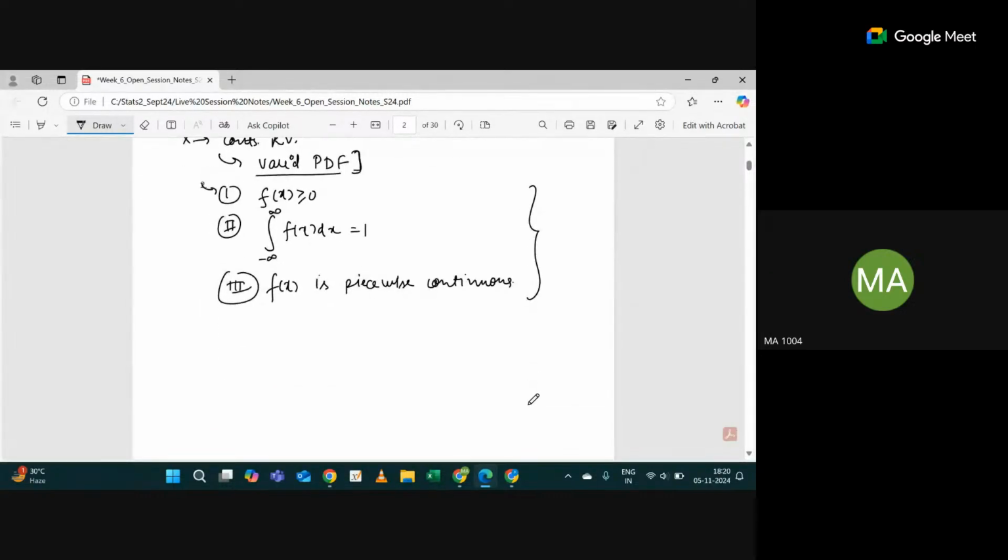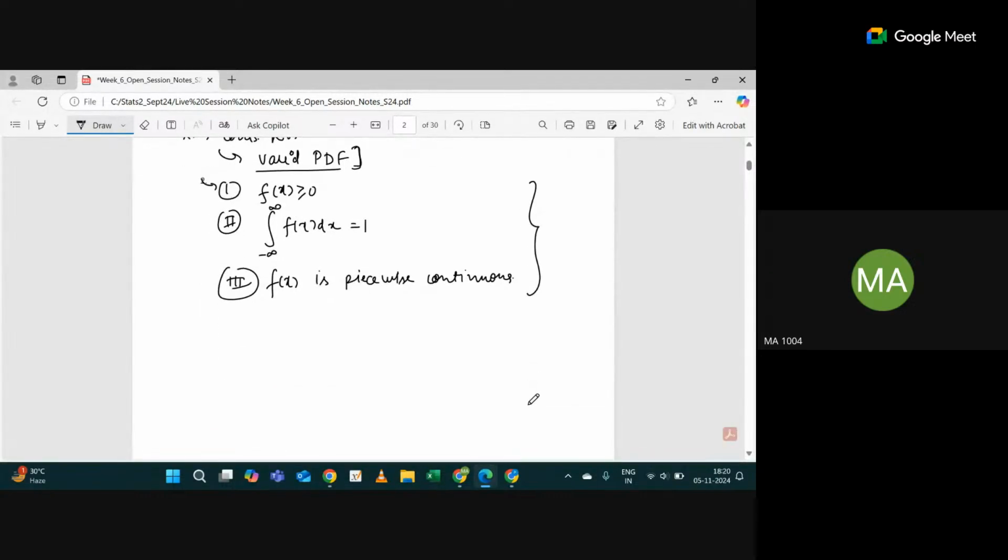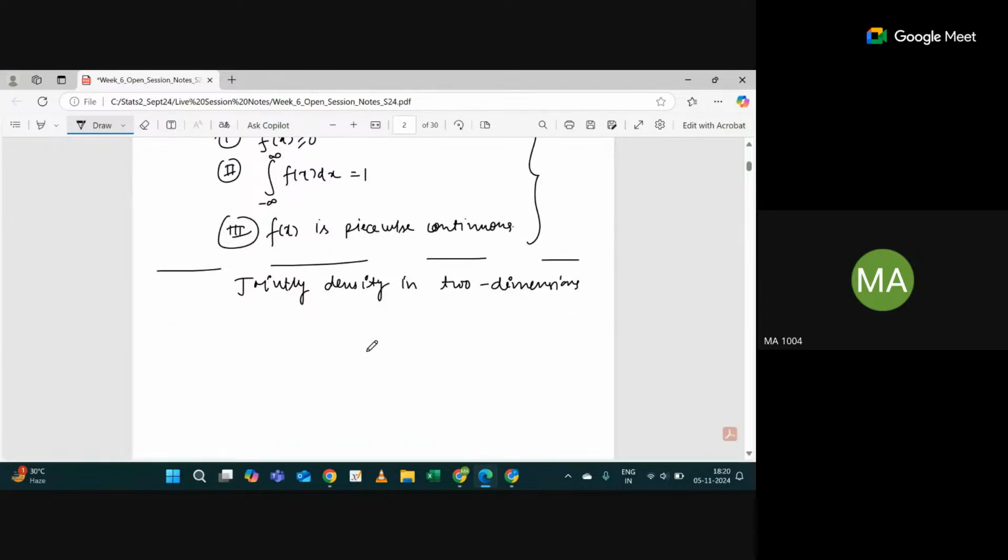Okay, so the same approach is applied for joint density in 2 dimensions also, since we have 2 random variables, so we are dealing with 2D things. So let me write it.